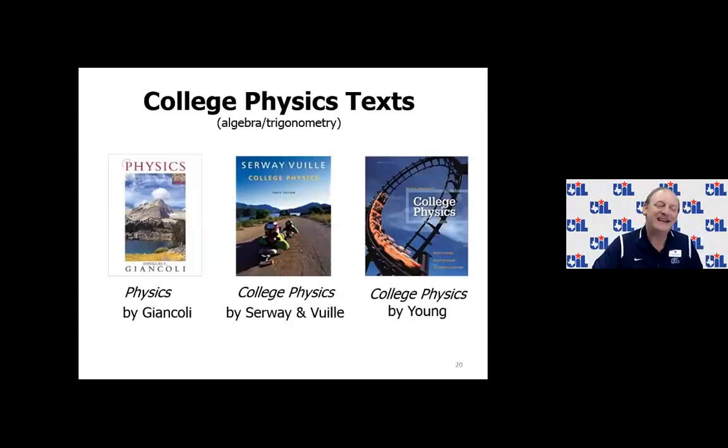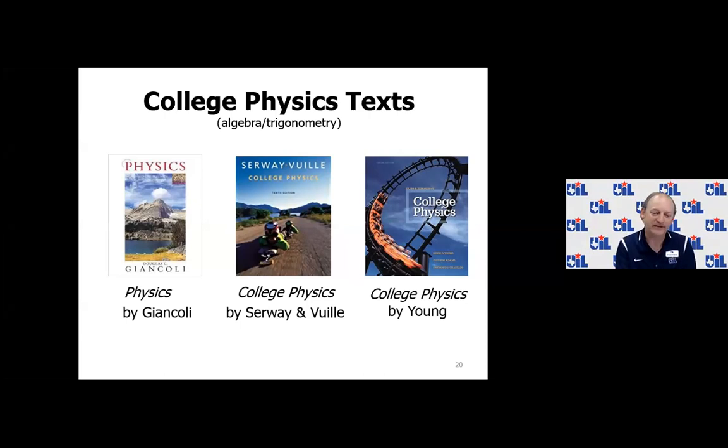Okay, so once they get past Hewitt and you move on to slightly more advanced subjects, and these are probably students who are in physics in high school, not necessarily AP physics, but they're already in a physics class or have already taken one, you can move up to the college physics textbooks. Now, this is where I tell everybody there's a secret code in the world of physics books. There are physics books that are college physics, and there are physics books that are university physics.